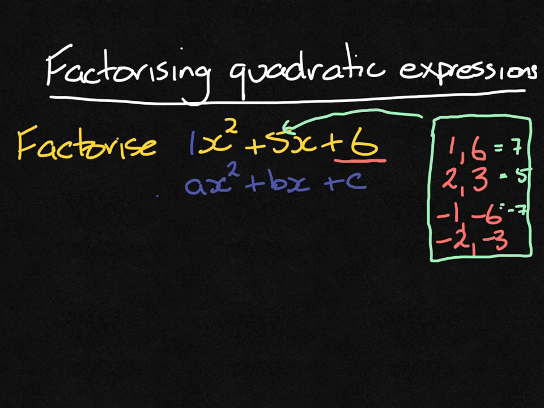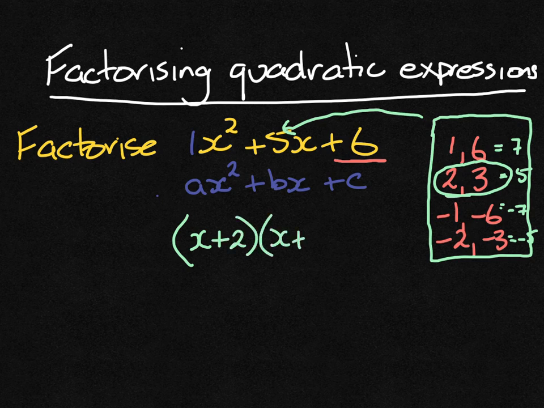And -2 minus 3 is equal to -5. Well, we're looking for positive 5, so therefore it must be 2 and 3. So we go x, open up a bracket, plus 2, x plus 3, and that's our answer. That's x squared plus 5x plus 6 factorized.